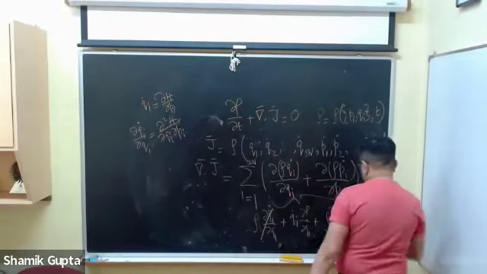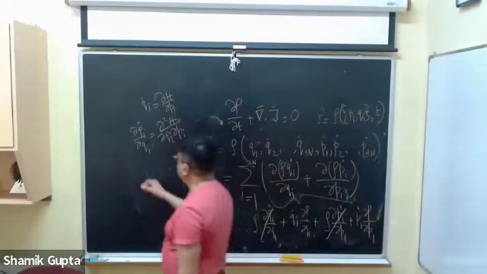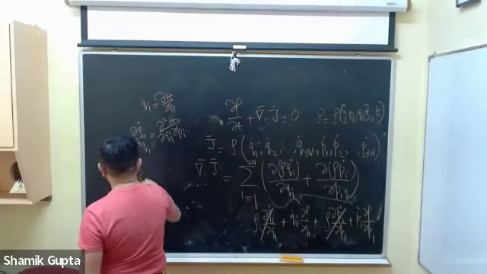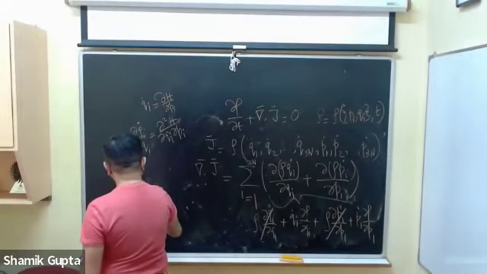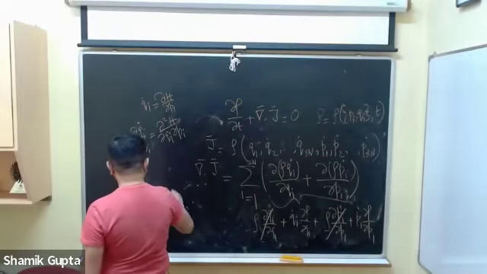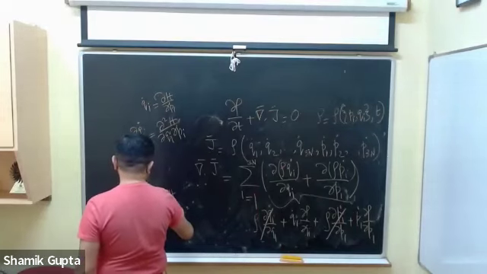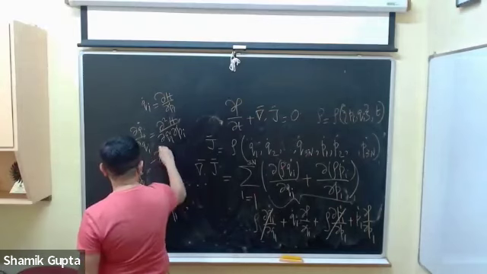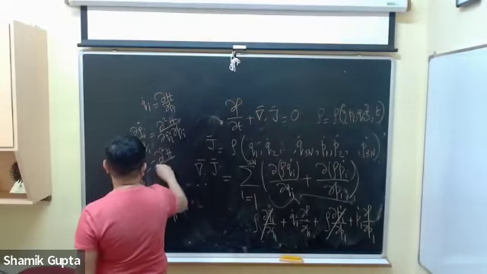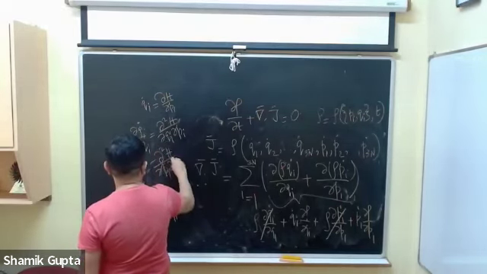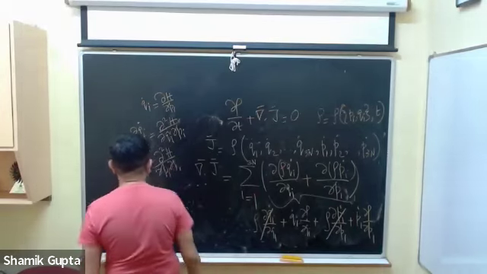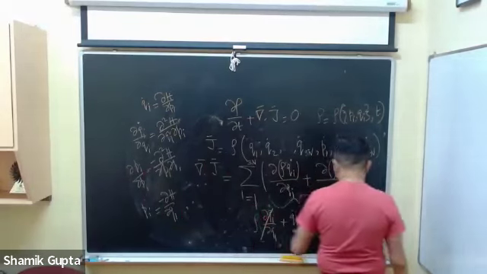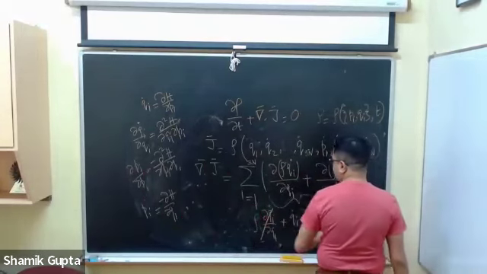What is this term? Del p_i dot del p_i. But p_i dot I know what it is. p_i dot is minus del H del q_i. Therefore del p_i dot del p_i is minus del 2H by del p_i del q_i. And these two terms are just negative one of one another. So therefore these two terms cancel.